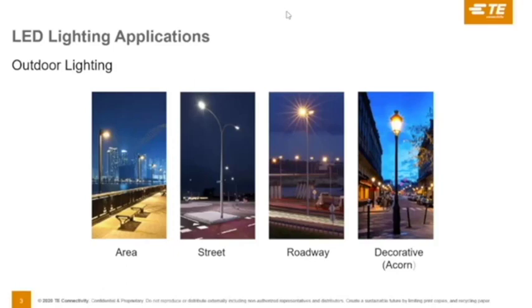Therefore, in almost all of these applications, they would have to be controlled. In other words, turn the light on or off. So in an application like street lighting, area lighting, or roadway lighting, you want to make sure that light works 24/7.